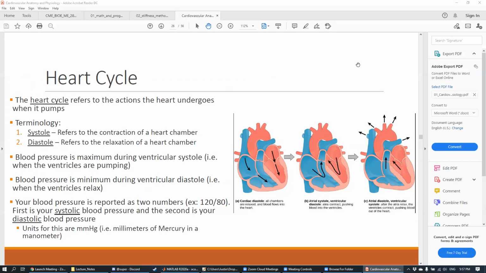But it's not like a trade-off, because the systolic and diastolic cycles for the atria and the ventricles have a little bit of overlap between them. It's not like one is on and one is off all the time. They both have their own cycle that they follow. Systole and diastole just refer to when they're contracting or not, but your two ventricles will be together and your two atria will be together.